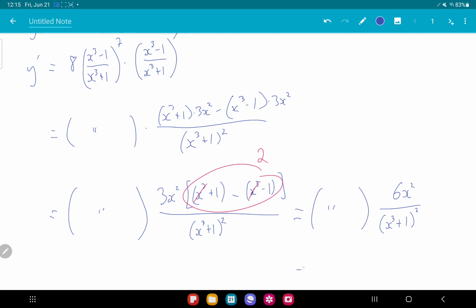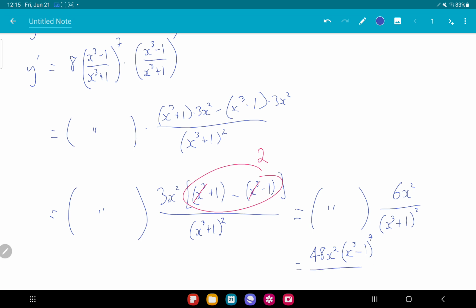So multiplying this out, I get 6 times 8 is 48. 48x squared. And then on top I have x cubed minus 1 to the power of 7.